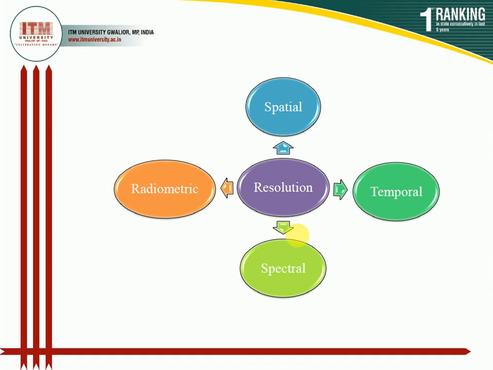Temporal resolution tells about the time between two seasons, or it helps in image acquisition over the same area but at different times. It depends upon the instrument, the field of vision, and the satellite orbit. The time factor in imaging is very important, but when is it important?